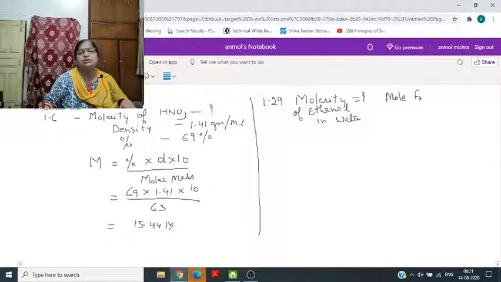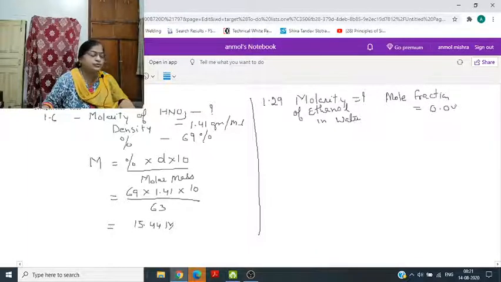The mole fraction is 0.040, and it is the mole fraction of ethanol.